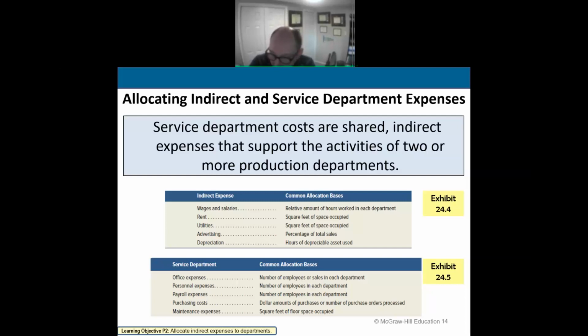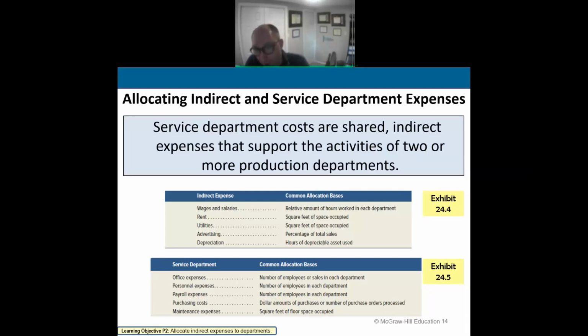So at Macy's, I have 5 employees that work in the jewelry department. They're hourly employees. I can allocate a portion of the payroll expenses to that jewelry department based on the 5 employees that work in that department. Basically, it's like assigning the cost, right?